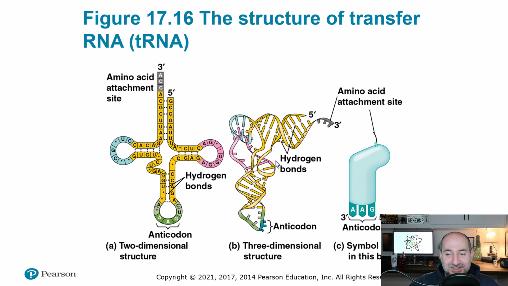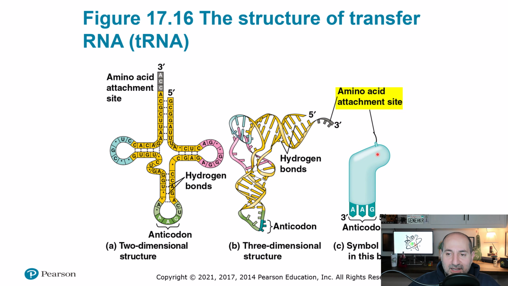Okay, jumping back to this slide, take a look. Here you can see that this is a tRNA with the anticodon AAG, which we just confirmed should bind to the codon UUC for phenylalanine. Now look at the other end. This is the other important end here. This is called the Amino Acid Attachment Site.